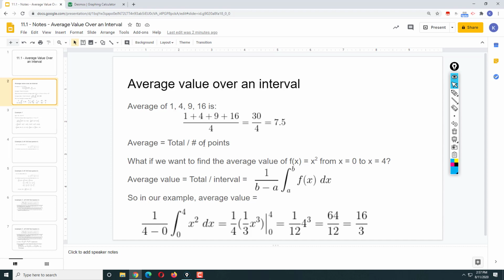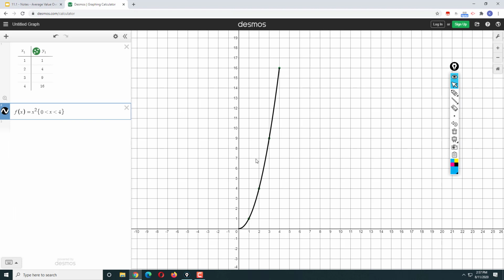So the average value would be 1 over 4 minus 0 times our total, which is the integral from 0 to 4 of x squared dx, which is 1 over 4 times our integral, which becomes 1/3 x cubed, evaluated at 4 minus evaluated at 0. That's 1/12 times 4 cubed, which is 64 over 12, which is 16 over 3. So it's a little bit more than 5 if we take the average.